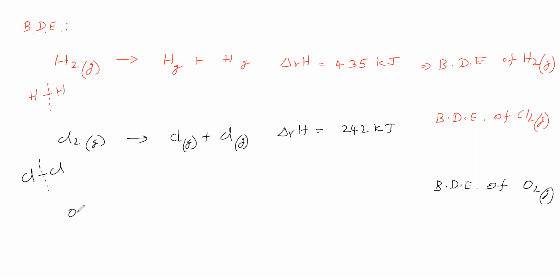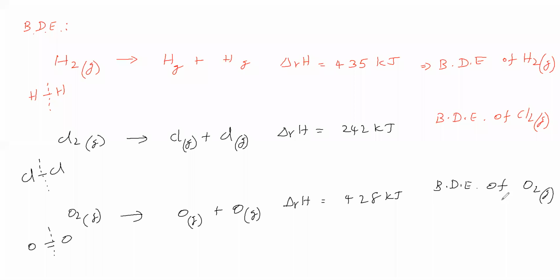Now you take oxygen molecules in gaseous state, 1 mole. This oxygen has a double bond. Break this double bond and convert this into gaseous atoms. The amount of heat involved is called the bond dissociation enthalpy of oxygen gas.